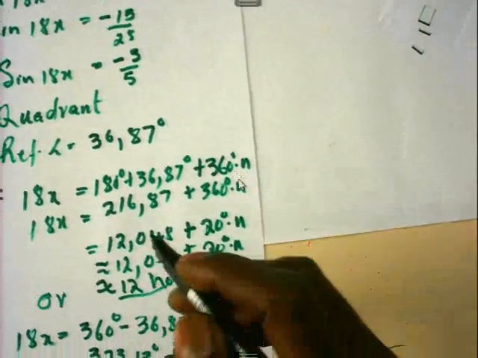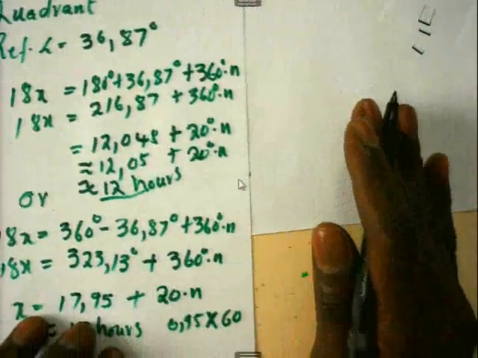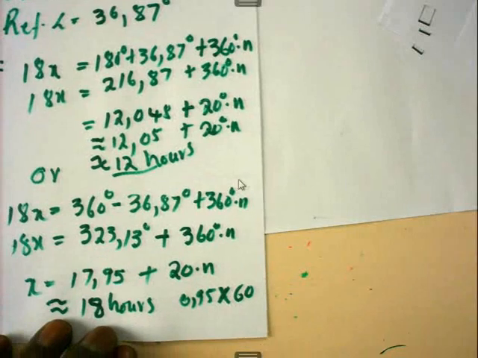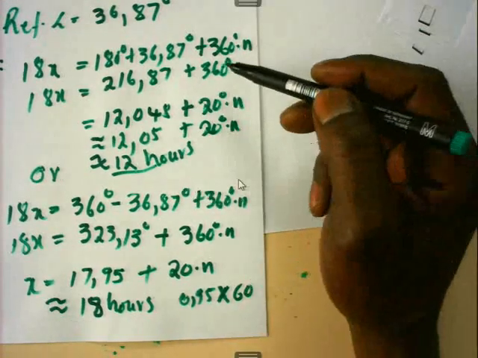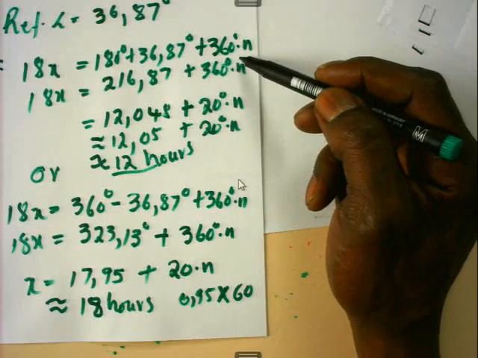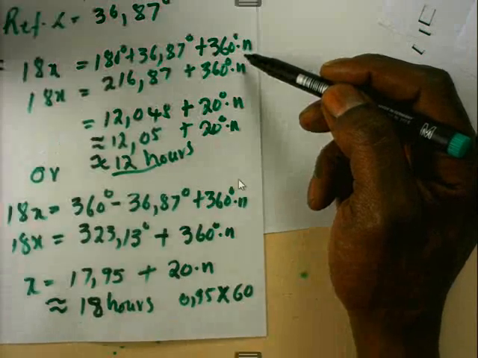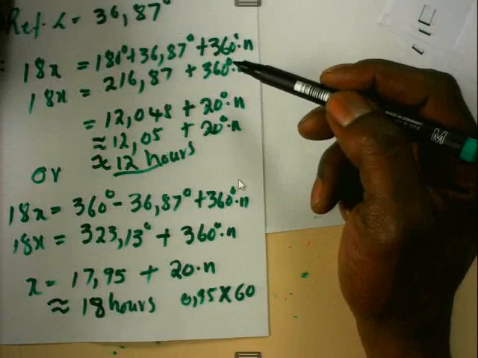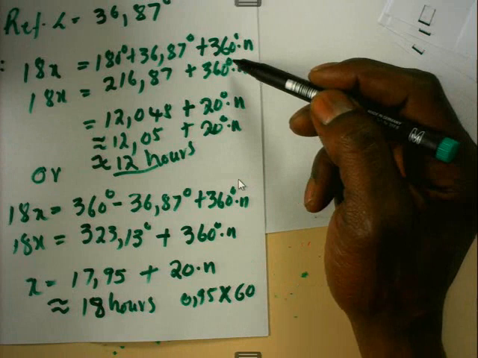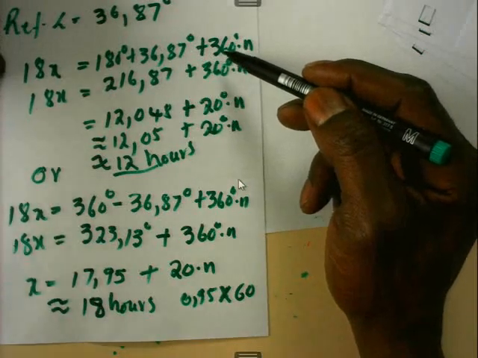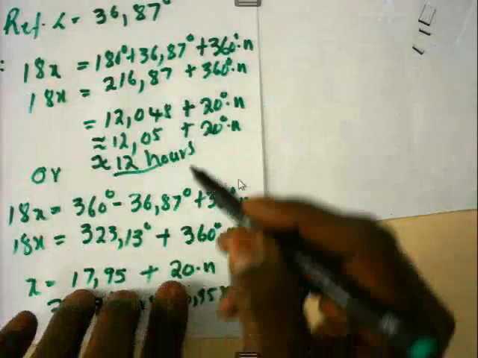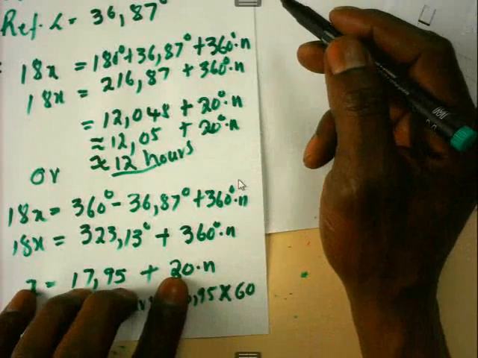So the two solutions that I'm having here are not giving me the full marks. Hence, I'm adding 360 degrees times n, because originally I had the trigonometric ratio of sine there. So I'm rectifying this to get the other answers.